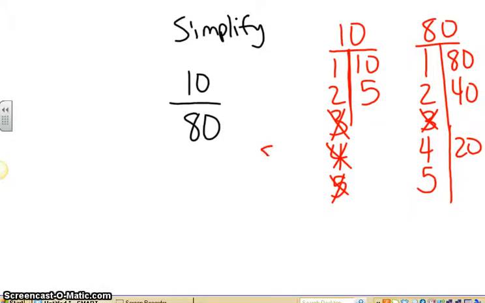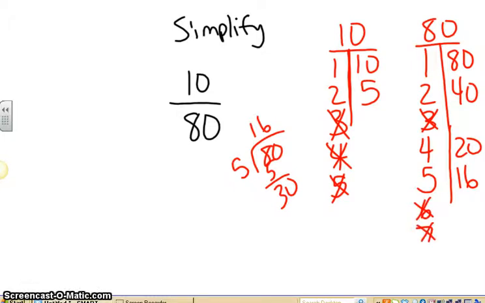I'm not thinking right now, so I'm going to just divide it off to the side. 6 does not go into it, neither does 7. 8 does 10 times, and then 9 doesn't, and then we stop at 10 because 10 repeats.